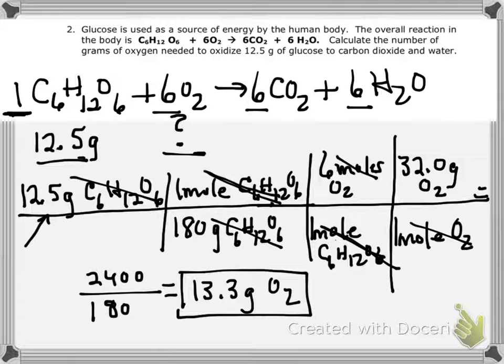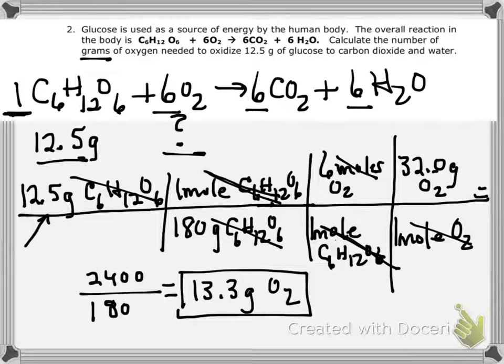Finally, I'm going to convert to grams because it asked me to calculate the number of grams of oxygen, and I know that 1 mole of oxygen, looking at the periodic table, since it's O2, oxygen's diatomic, it weighs 32 grams. Once I cancel out my moles of oxygen, I can now solve the math of the problem because I have the units that it asked me to find in the problem, which was the mass of oxygen.